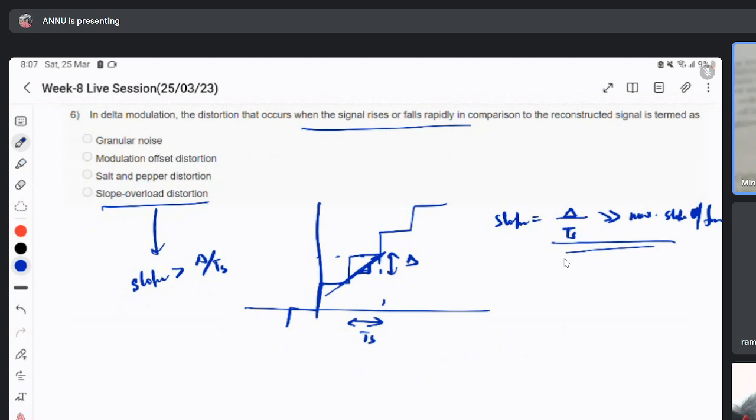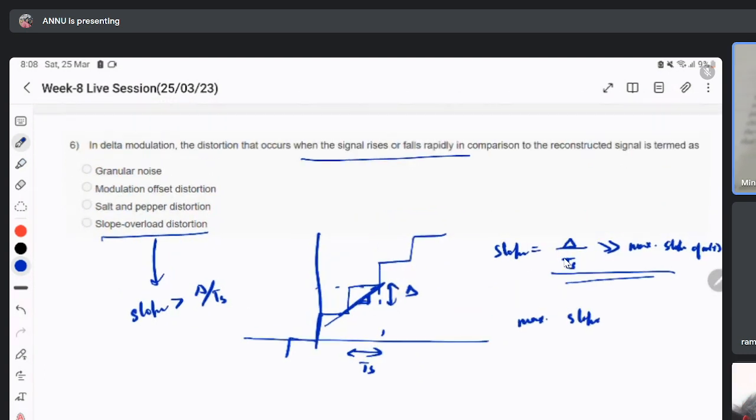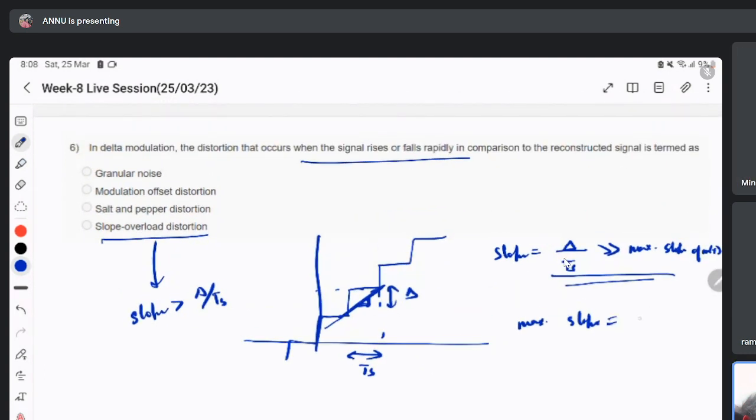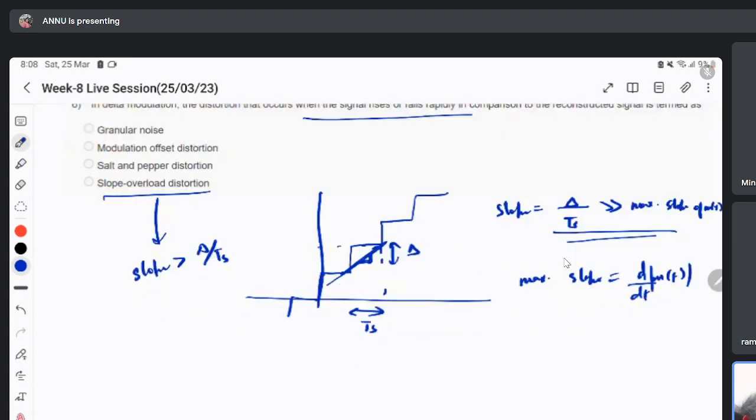Got it. The slope of m(t). Using this equation you generally get many questions directly, so please don't forget this. The maximum slope is d/dt of m(t).